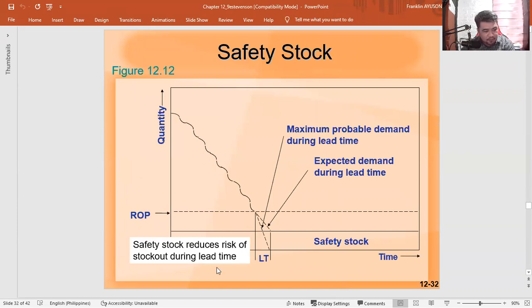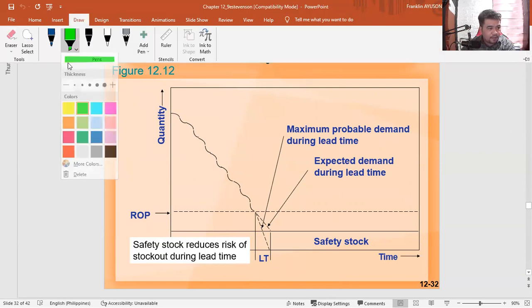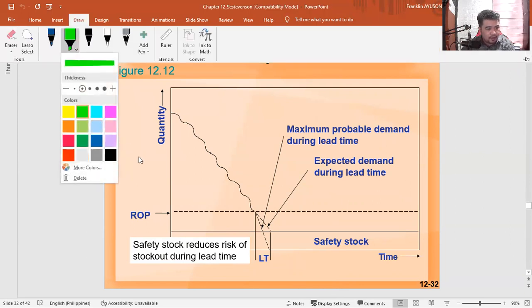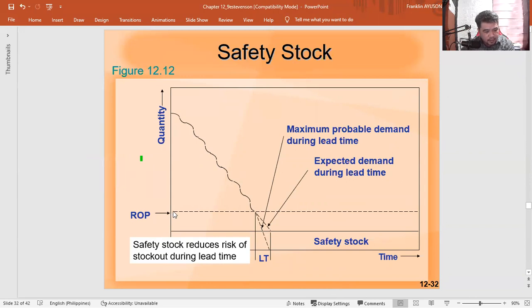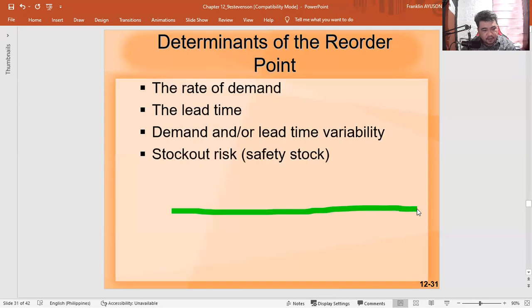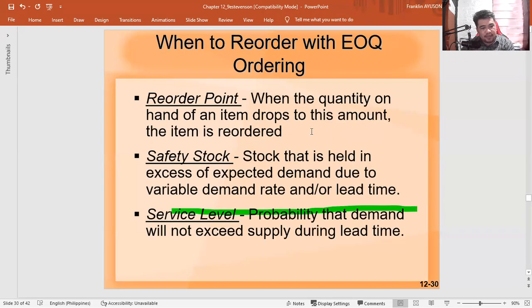So for example, this is our reorder point. What is that reorder point? Remember earlier we said, the quantity on hand of the item, when it drops to this amount, there should now be a reorder.